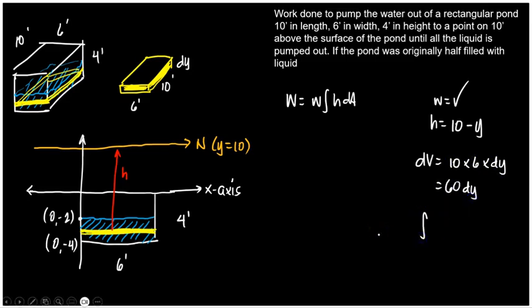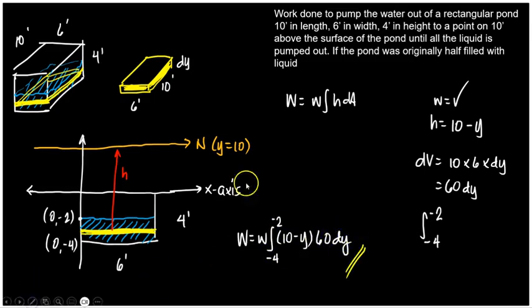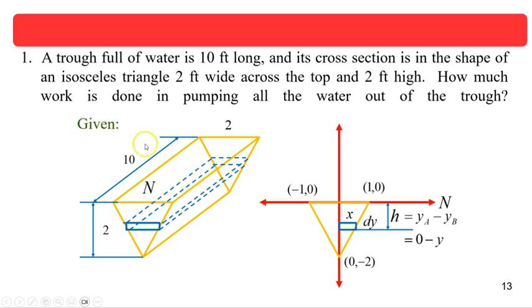And then the limits. Since I need to pump out all of the liquid, but it's half filled with liquid, the liquid content is from -4 up to -2 only. Therefore, the work is W from -4 to -2 of 10 minus y, 60 dy.